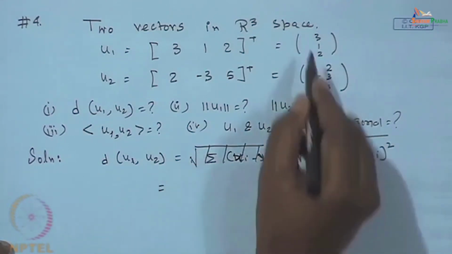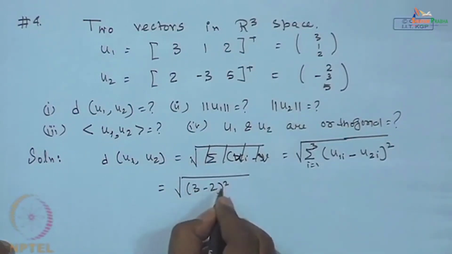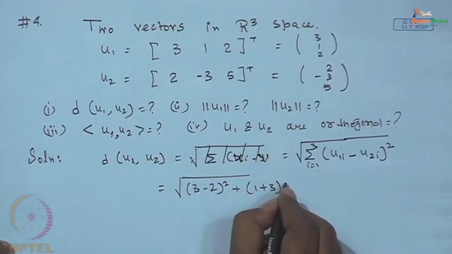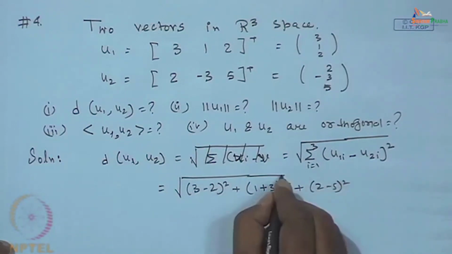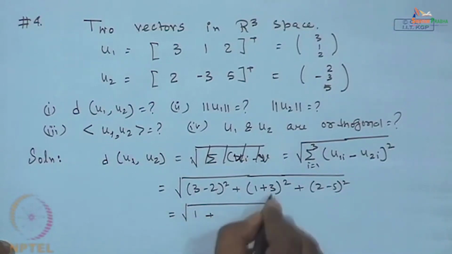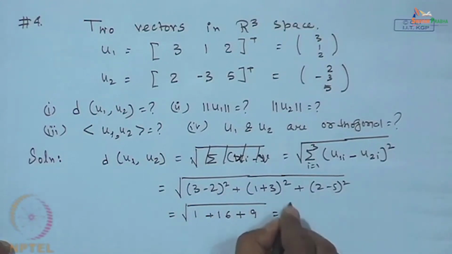So, it will be (3 minus 2) squared plus (1 minus minus 3) squared plus (2 minus 5) squared. So, it will be root over 1 plus 16 plus minus 3 squared, so 9, it will be root over 26. That is the distance between u1 and u2.